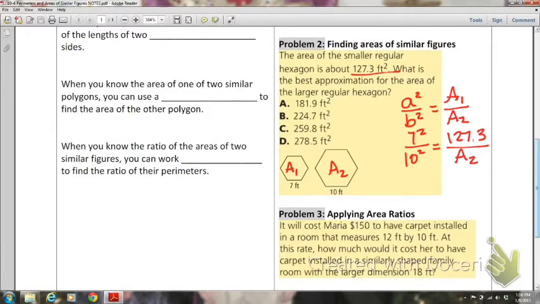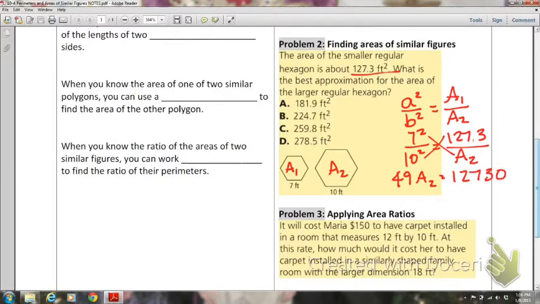So let's cross multiply these. 7 squared is 49, so we have 49 times the area of the second one if we cross multiply those. And then 10 squared is 100, and 127.3 times 100 is 12730.